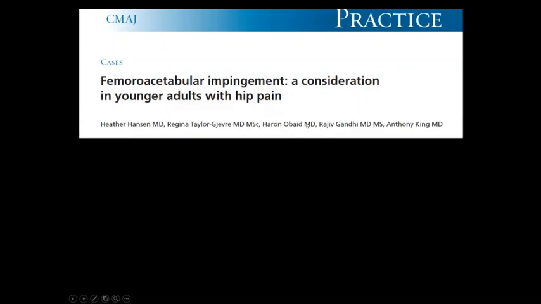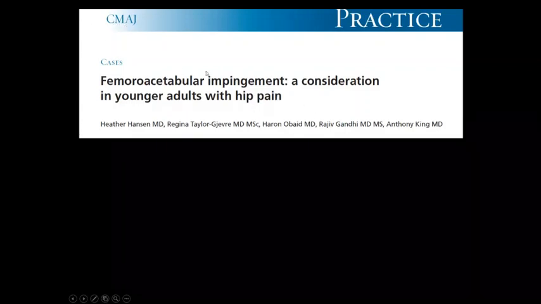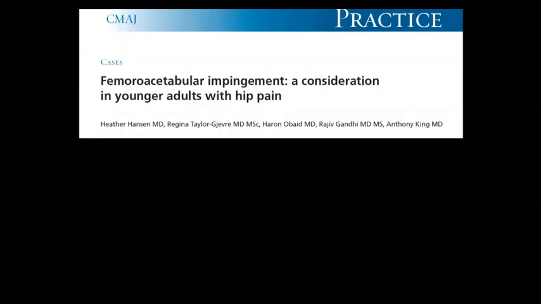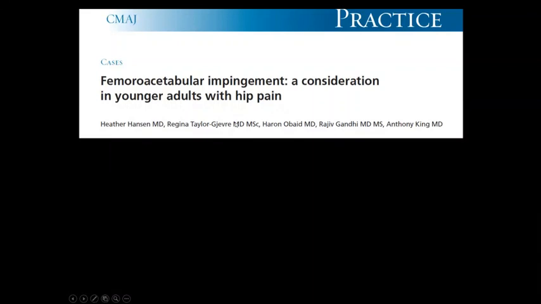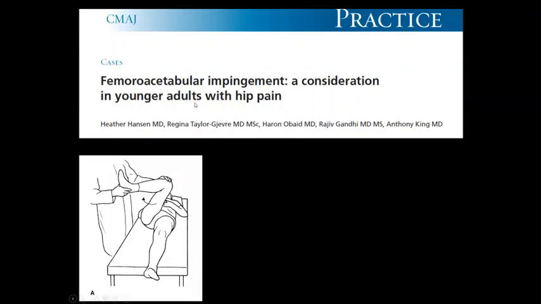This is a paper we published in the Canadian Medical Association Journal. The reason why we published this article is really to raise awareness about femoroacetabular impingement in young adults who present with hip pain. This article was directed to general practitioners and family medicine doctors, so they are aware of the association between femoroacetabular impingement and hip pain.